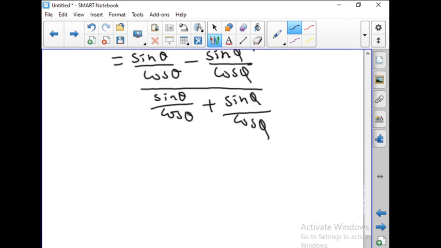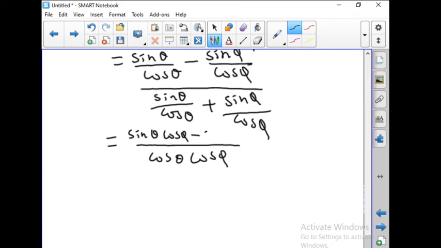Now take LCM. So taking LCM for the numerator, we get cos theta cos phi. So what you get? Sin theta cos phi minus sin phi cos theta divided by, similarly we have here also cos theta cos phi.